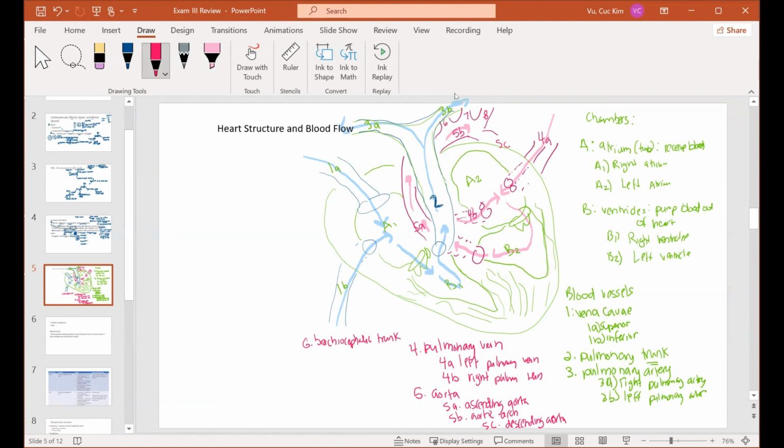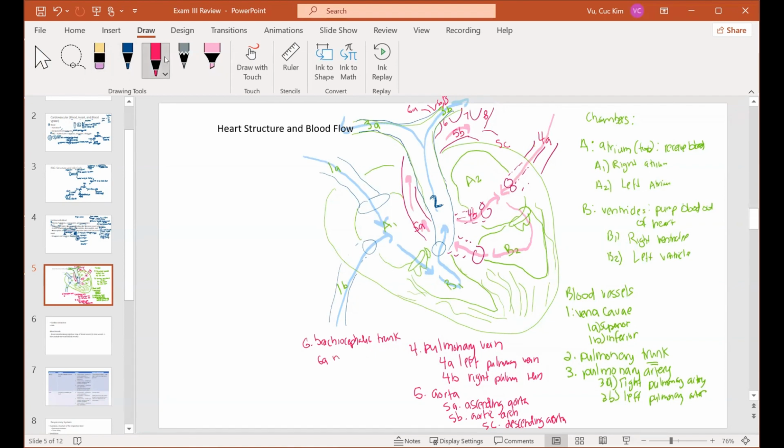And it's called the brachiocephalic trunk because you would expect that it branches further, and it does, into 6A and 6B. So 6A off of the brachiocephalic trunk is going to be the right common carotid artery. Oh, sorry, that's the subclavian. That's 6B that I'm doing.